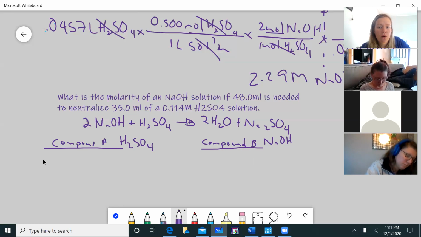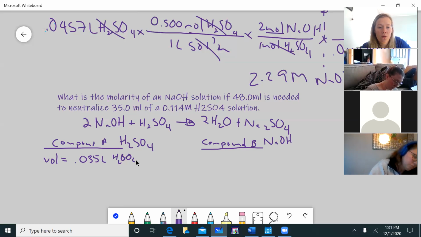So compound A, H2SO4, we know the volume, which is 35 milliliters. So I'm just going to already convert that to 0.035 liters of the H2SO4. We also know the concentration of this thing.